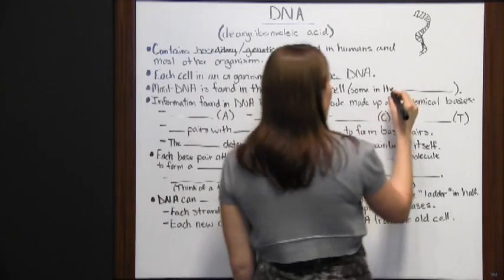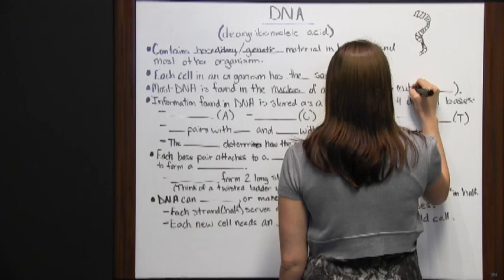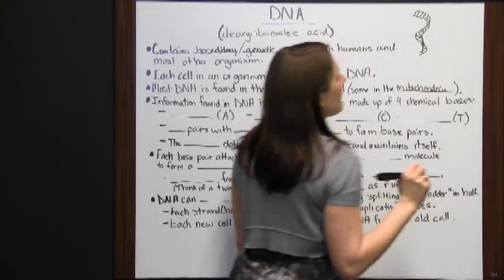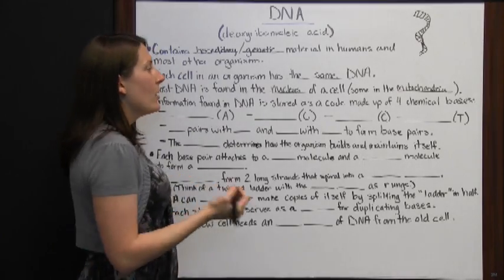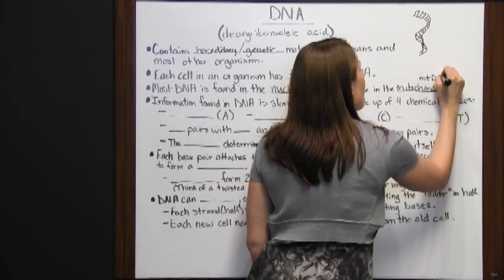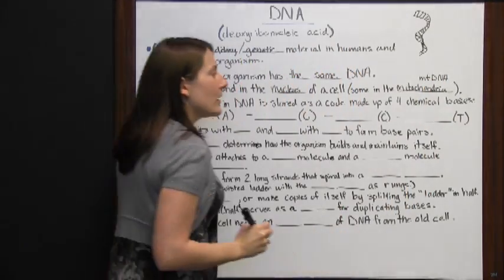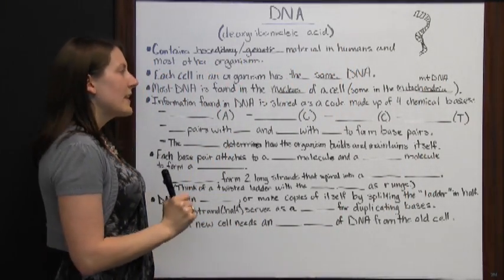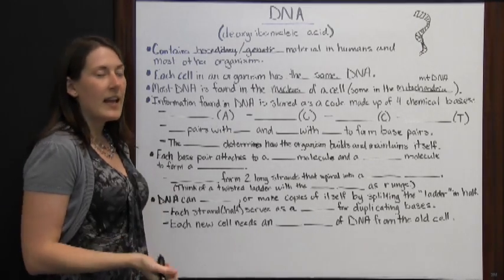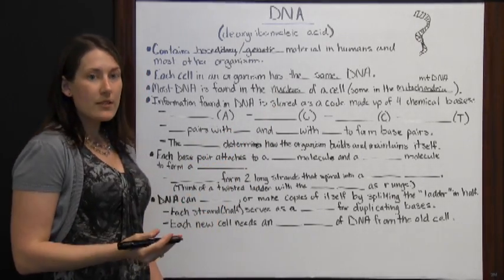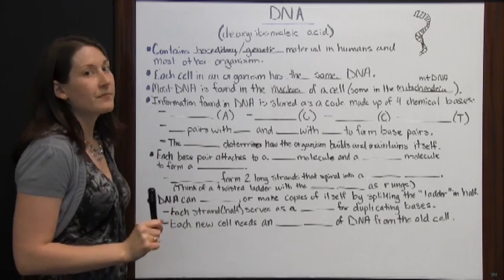There is some DNA in the mitochondria, and then it is known as mitochondrial DNA, or it would look like this if you saw an abbreviation for it. So if you see the little MT before DNA in the abbreviation, that's because it's mitochondrial DNA and it's found in the mitochondria instead of the nucleus. But most DNA is going to be in the nucleus.